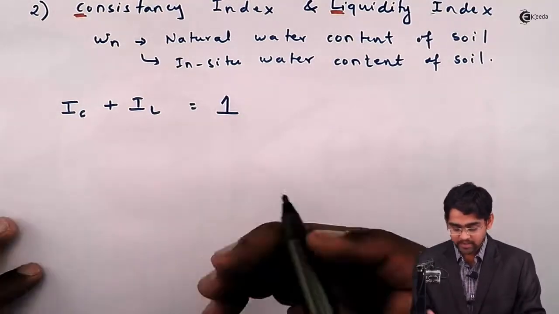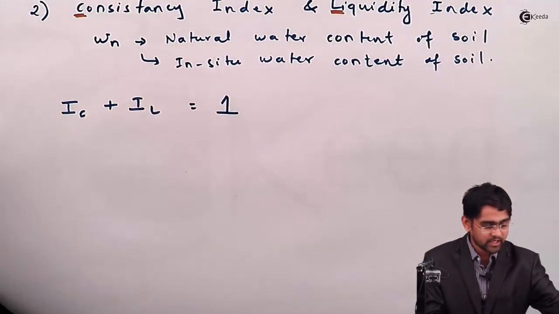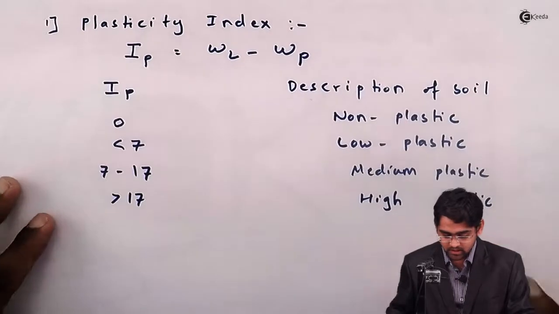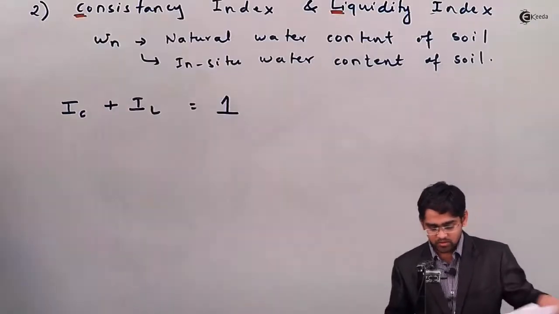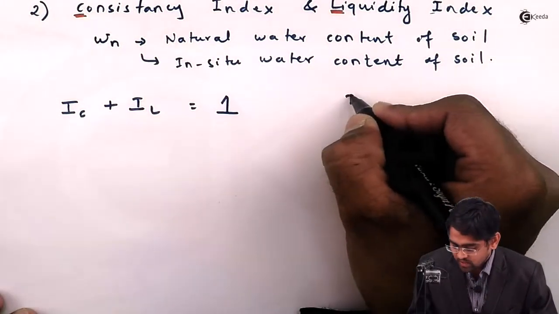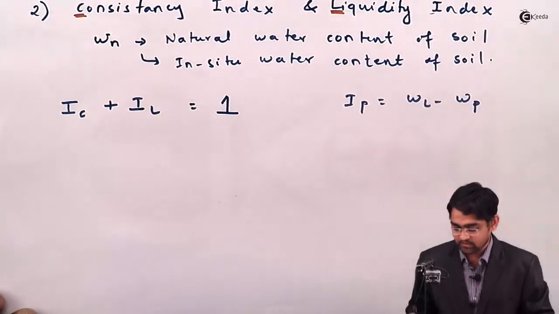To remember in a smart way, I'll tell you the technique. You have just now seen the definition of plasticity index, which is nothing but liquid limit minus plastic limit. IP is liquid limit minus plastic limit.